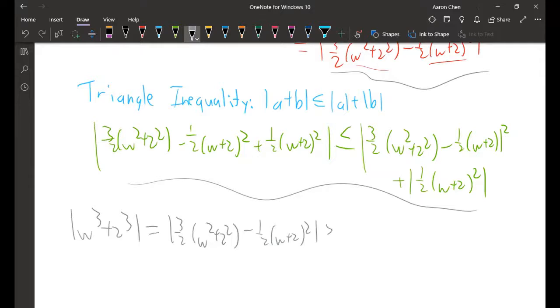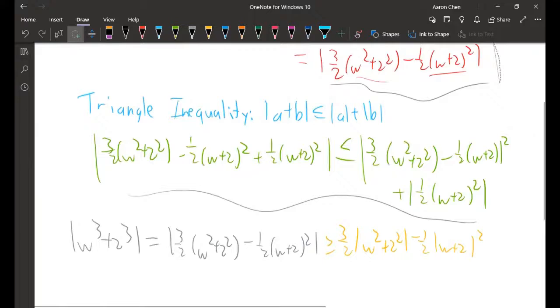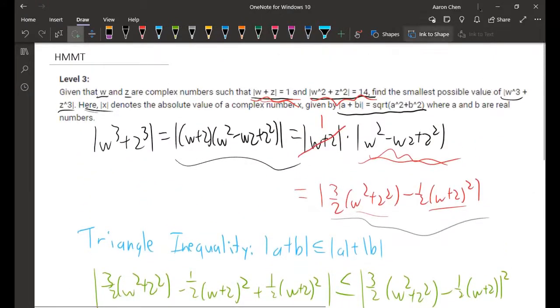And this is greater than or equal to 3/2 of the magnitude of w squared plus z squared minus 1/2 the magnitude of w plus z squared. And if we remember from our original statement, we're given the magnitude of w plus z and w squared plus z squared.